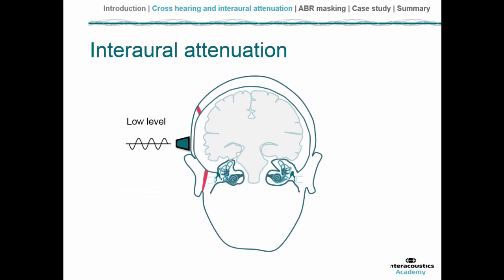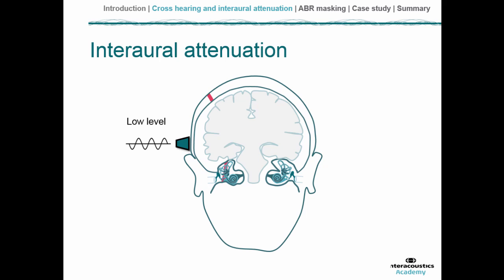So, for instance, in this example, we can see the bone vibrator pressed against one side of the head, and for a very, very low level of sound stimuli, those vibrations are propagating through, and they're high enough to be detected by the cochlea on the side of the head that's on the same side as the bone conductor, but the vibrations very quickly at that point dissipate away, and so the opposite cochlea on the contralateral side over here, that wouldn't hear the sound in this example. So that would of course be a very, very low level sound.